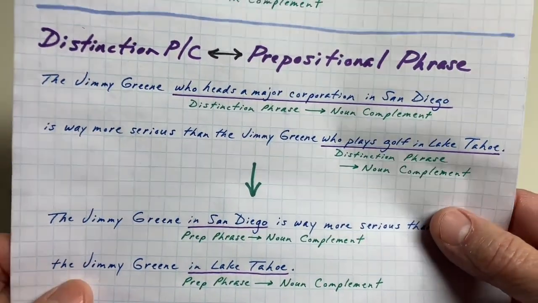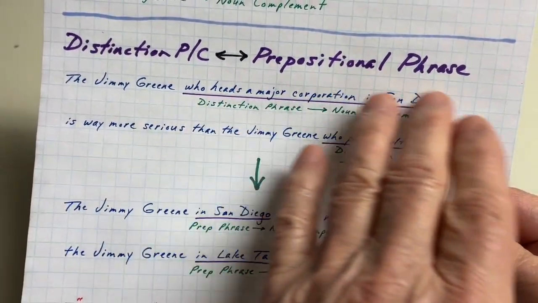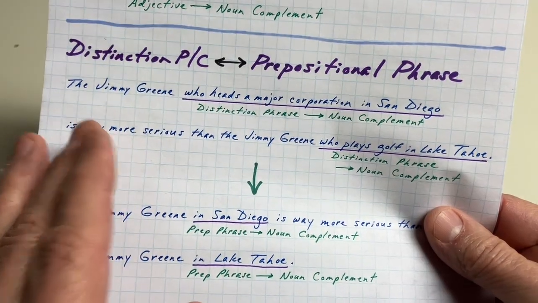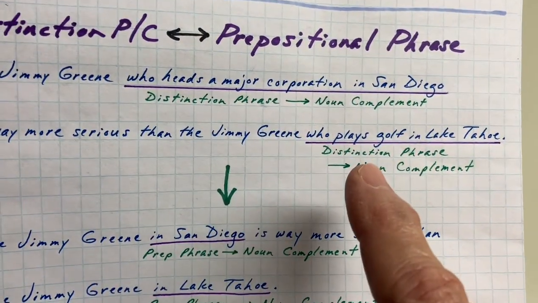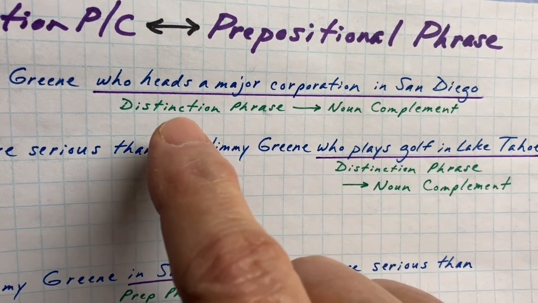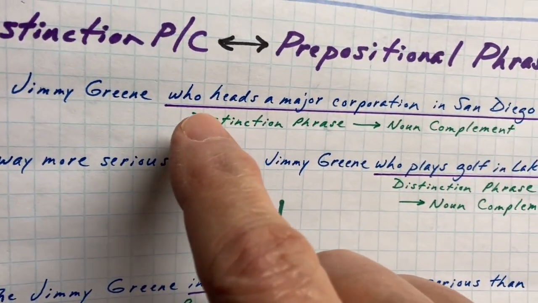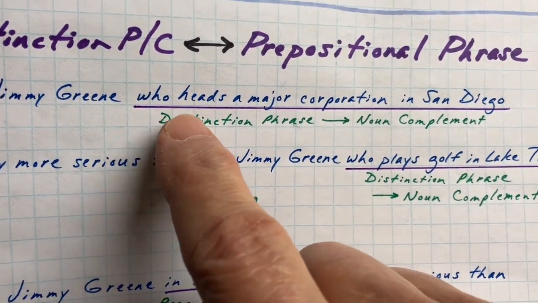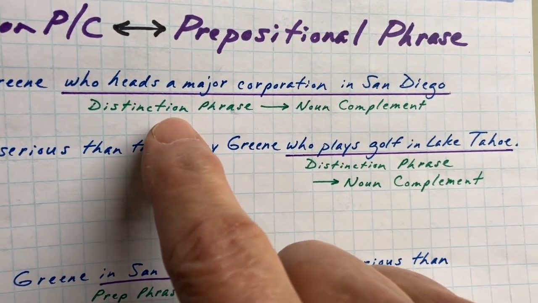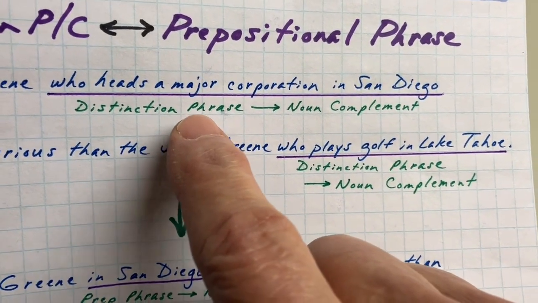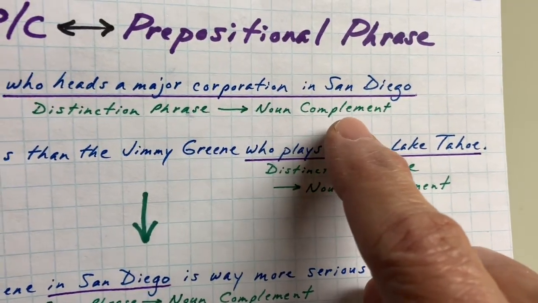Okay, so here you have a full, complete thought, all in one sentence. And you see there are two Jimmy Greens, and there are two distinction phrases. There's the one that states who heads a major corporation in San Diego. That's a distinction phrase, the structure, but it's functioning as a noun complement.